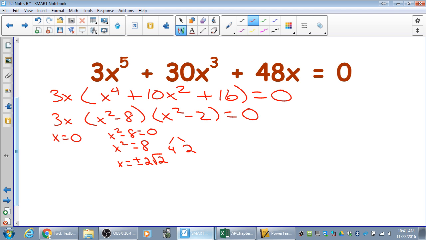Square root of 4 is 2, so that 2 comes out, but there's a 2 left on the inside. X squared minus 2 is equal to 0, so x squared is equal to 2. Add the 2 over, and the fourth and fifth answer is plus or minus square root of 2.